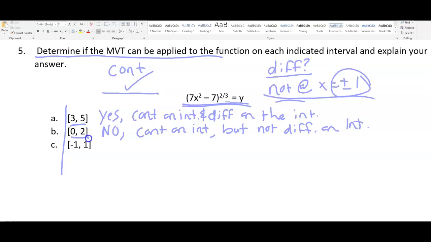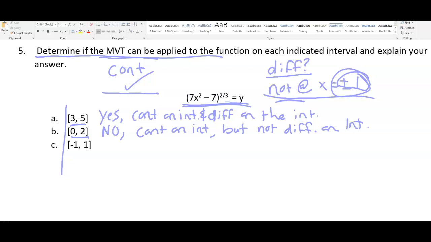Because from 0 to 2, positive 1's in that interval, right? And so we have a discontinuity for the derivative in that interval, and therefore it's not differentiable on the interval, and therefore the MVT cannot be applied to that interval. We can't be sure there is a point along the curve on that interval where the tangent line would be parallel to the secant line.